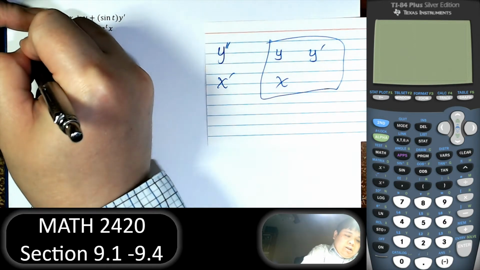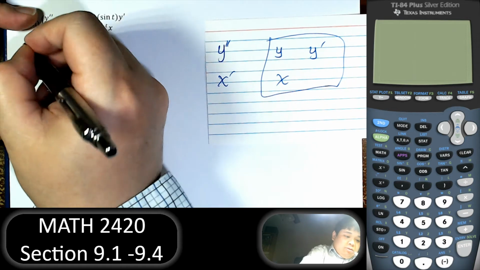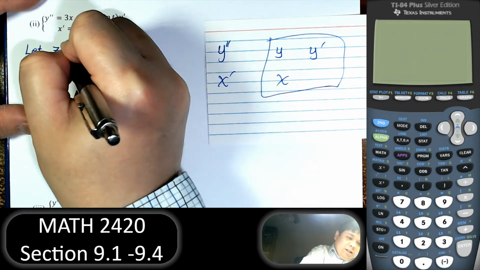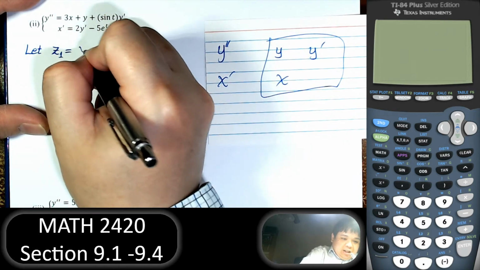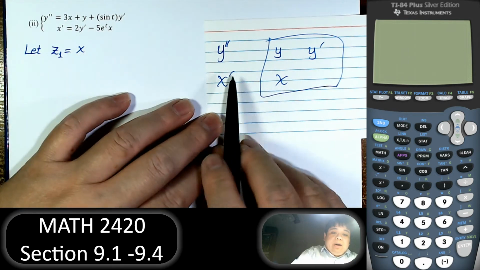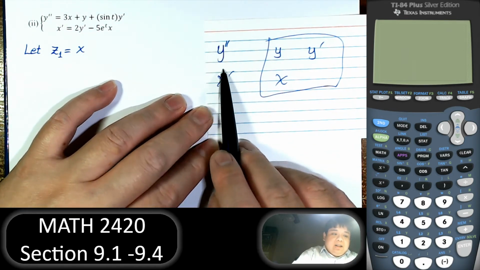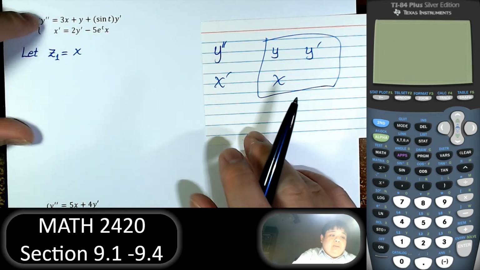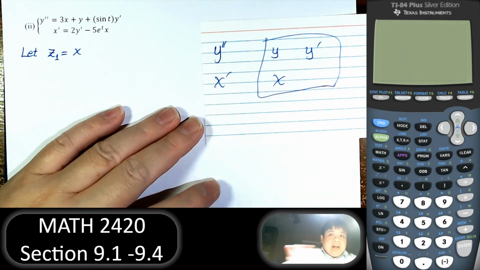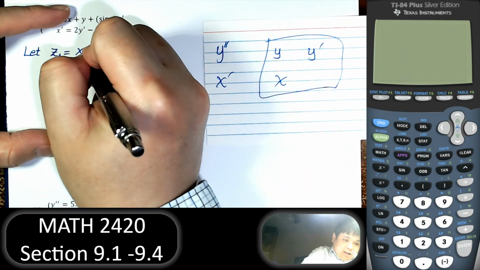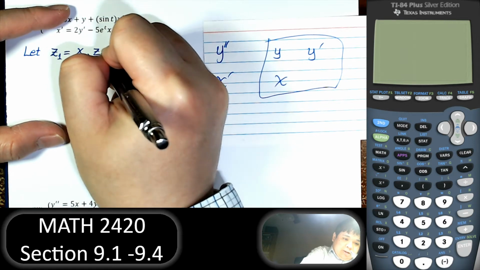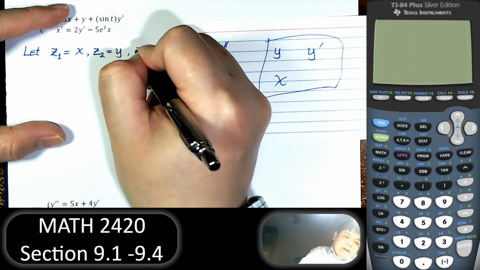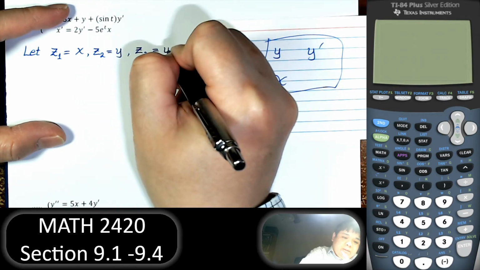Don't want to use t though. Let's use z1, we're going to have 1 for x. We're going to have every variable that has lower order than what we have on the left hand side. The left hand side has the variable with the highest order of derivative. On the right hand side is everything less than that. So we're going to have x, and we're going to have y, and we're going to have y prime.